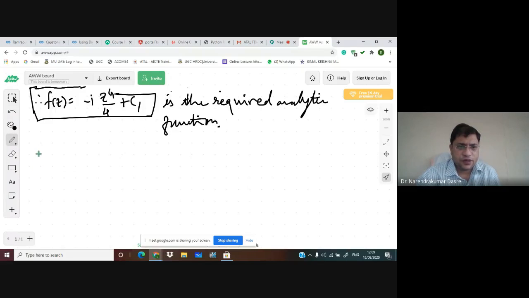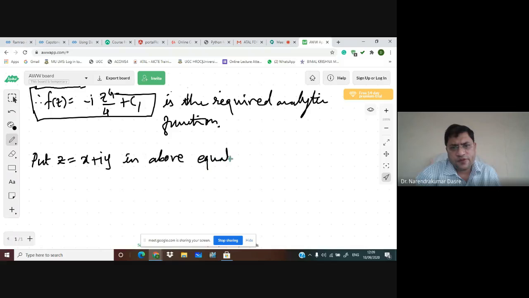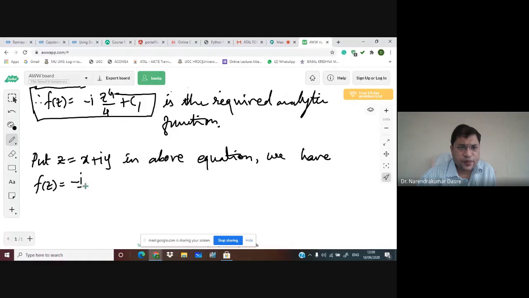So what we can do is put z is equal to x plus iy in the above equation. So we have f of z equal to minus i by 4 times (x plus iy) raised to 4 plus c1.